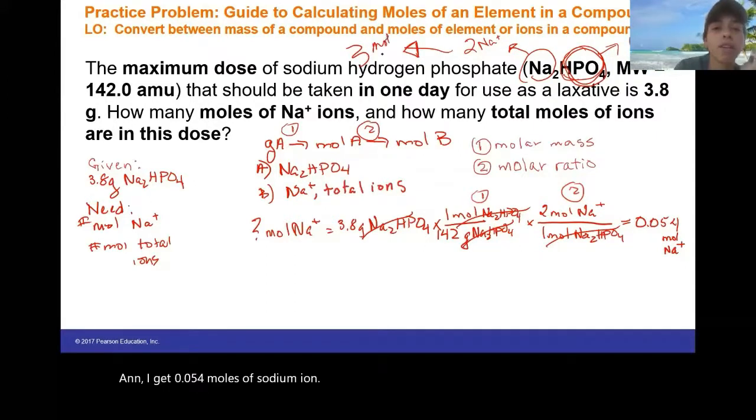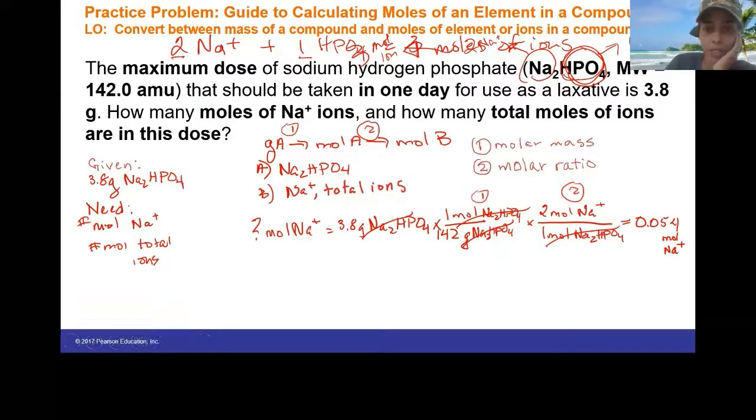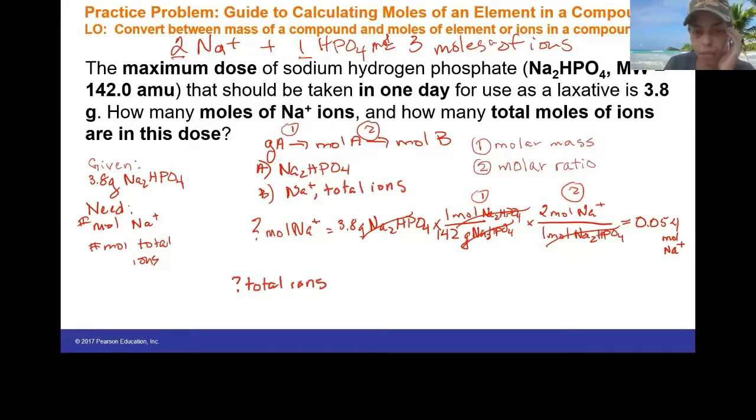3 moles of ions. So we're going to use the same steps that we used originally. So let me erase my other stuff. I get 2 sodium plus 1 hydrogen phosphate, that gives me 3 moles. So I want to know total ions.